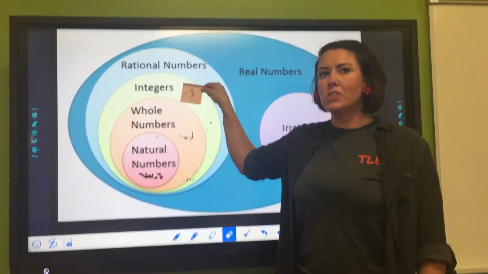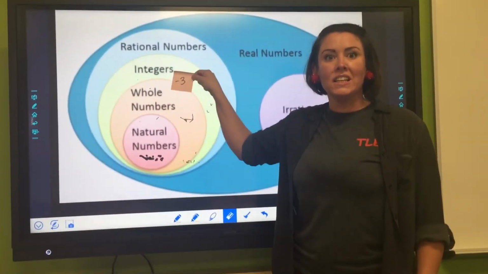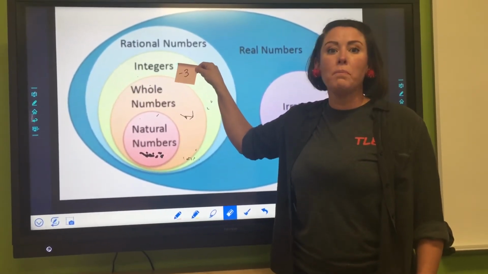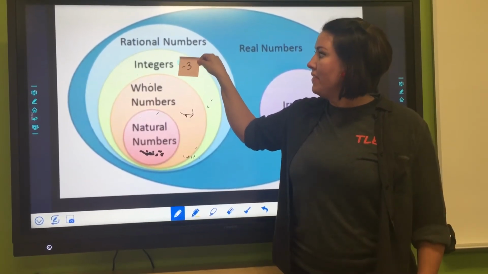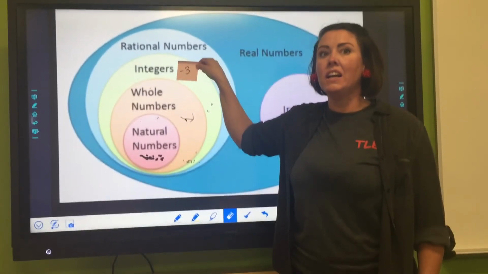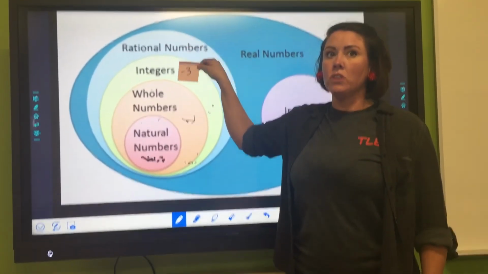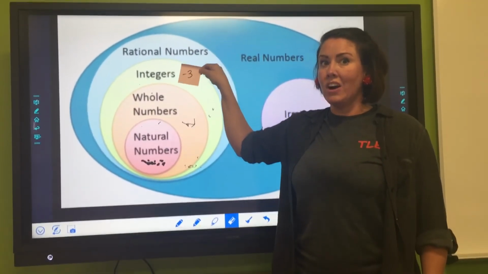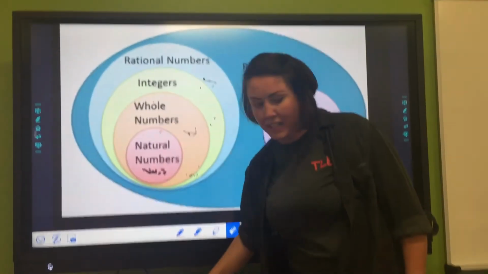Is -3 an integer? Yes, because integers include all positive and negative numbers, including 0. So if I were to place that in that category, it is inside 2 circles. It is an integer, and it is also a rational number. But it does not belong to these 2 inner categories.